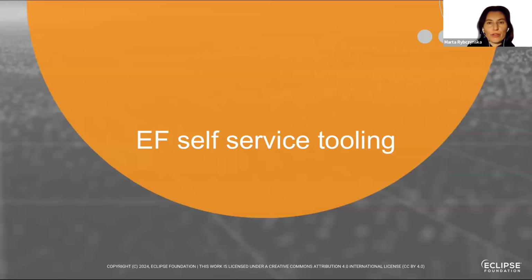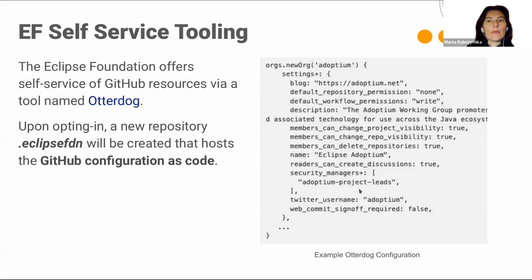Now, a short remark about the Eclipse Foundation self-service tooling. If you haven't heard about that yet, you can request changes in the configuration of the repository, for example, if you want to set up branch protection.